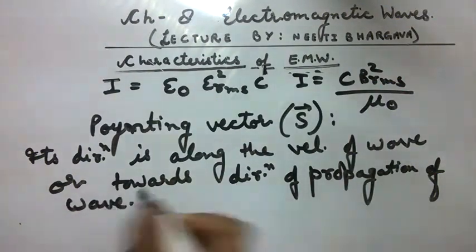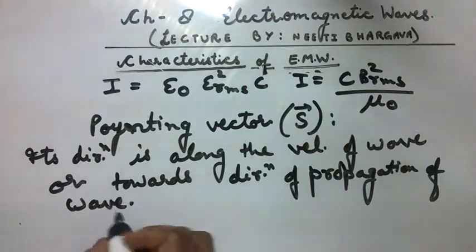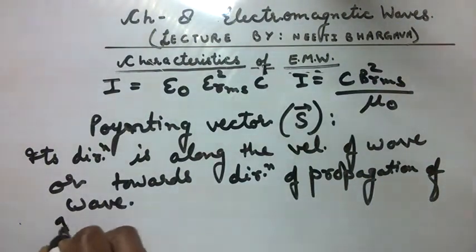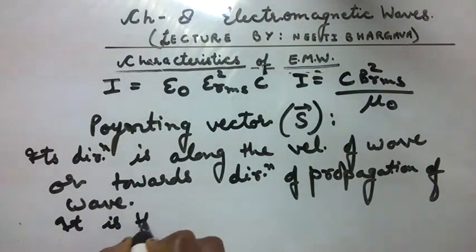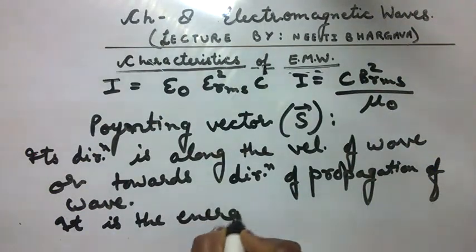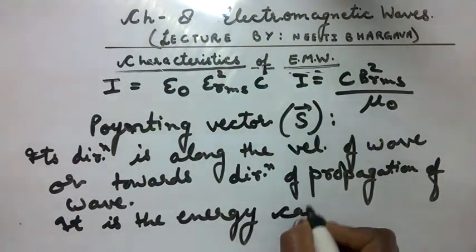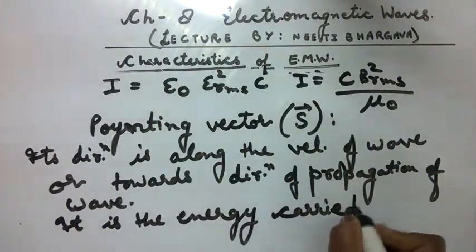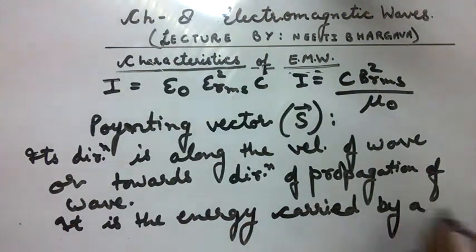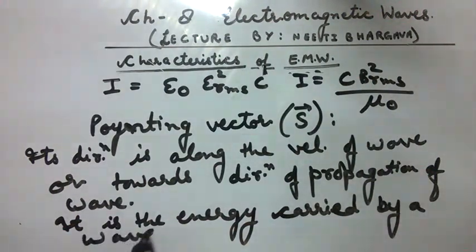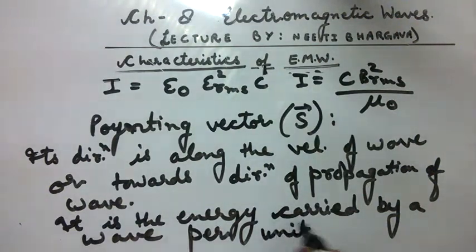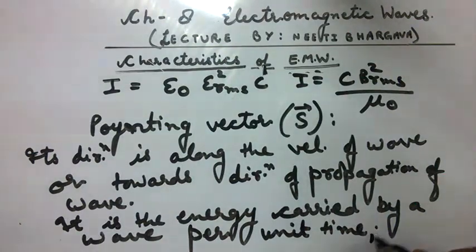And Poynting vector is the energy carried by a wave in unit time, per unit area.